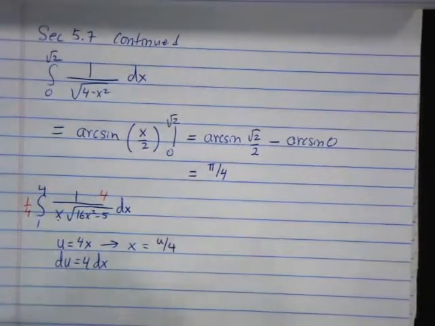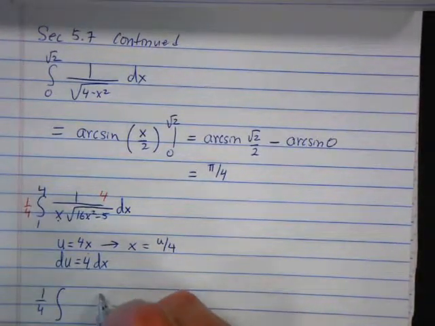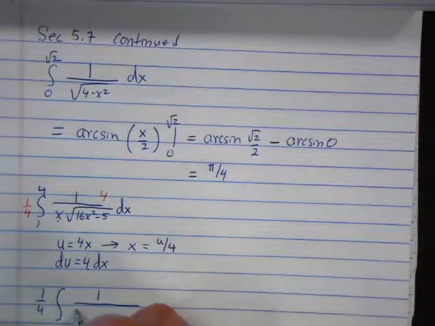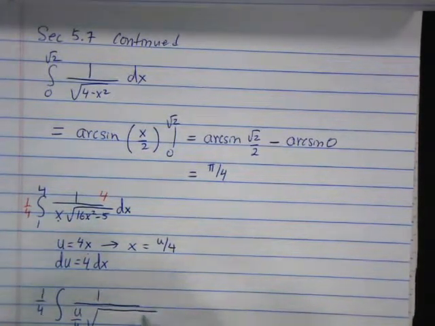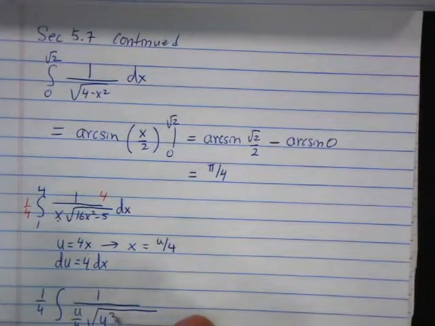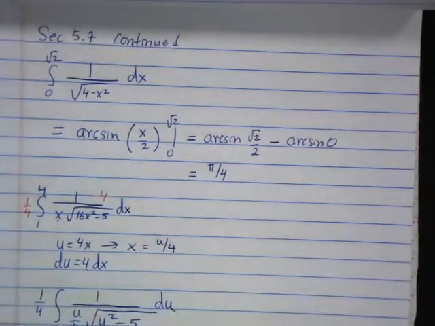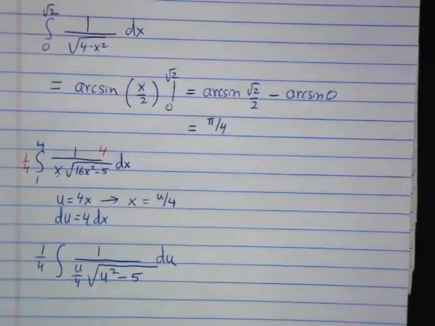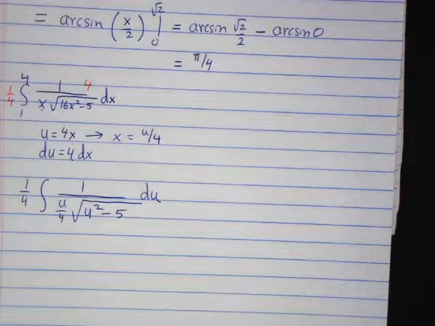Okay, so this becomes the integral, 1/4, the integral, 1 over u over 4 square root of u squared minus 5 du. And then, of course, we need to change our bounds.